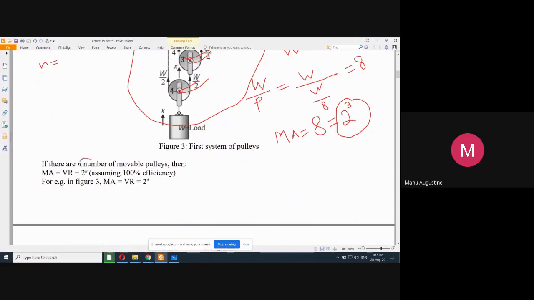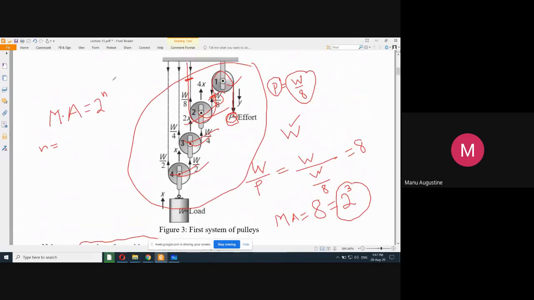See, n number of movable pulleys अगर आपके first system of pulleys में होंगी, तो mechanical advantage in the absence of friction will be 2 raised to power n. And since we are considering absence of friction, that means efficiency equals 1, क्योंकि friction आप नहीं ले रहे हो.